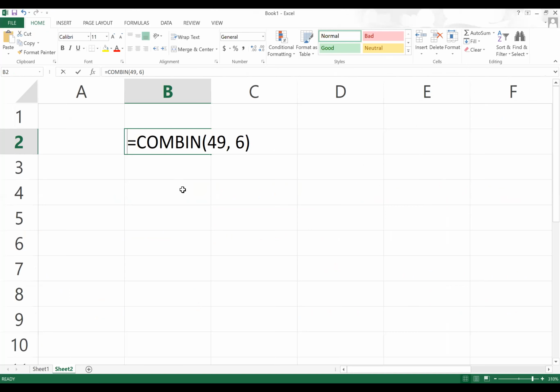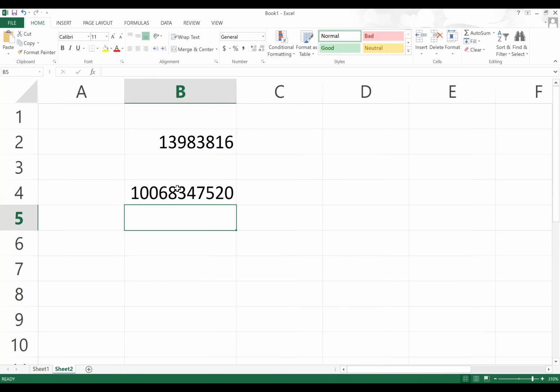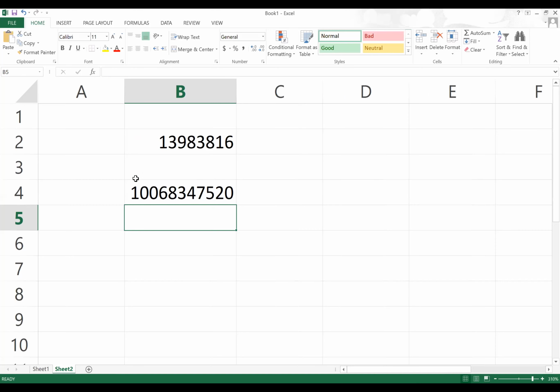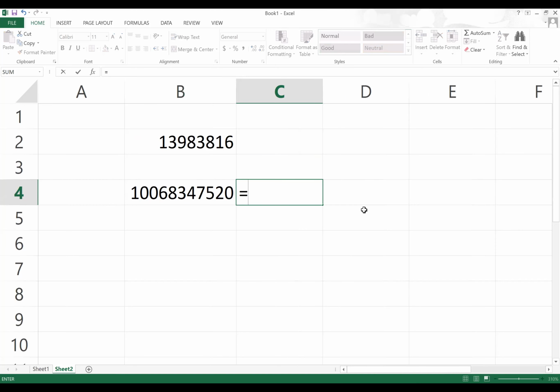So this is combination. What if it's a permutation? You can also calculate permutation with the same condition, right? Permutation now with the 49 numbers, picking 6 out of 49 numbers, and we do rearrange those 6 numbers. If you look at it, it will be a lot more. How many times more? We can divide them, so divide this by this.